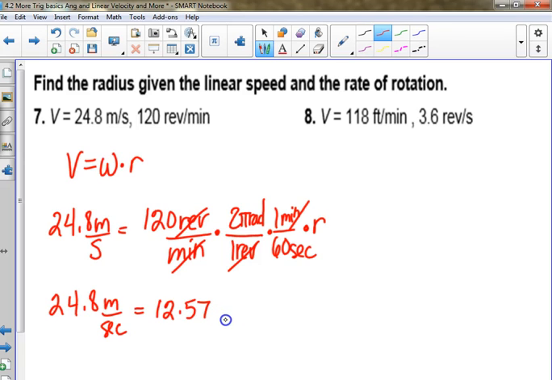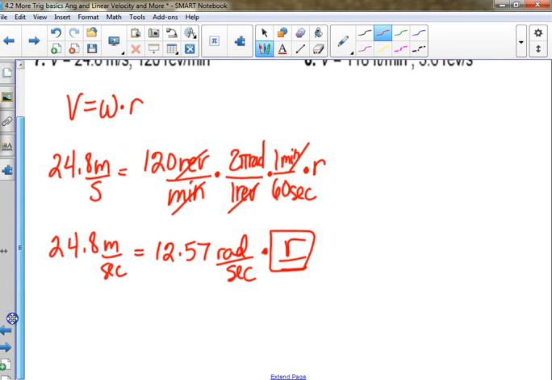And what's the label on that side? Radians per second. Now we're trying to find this radius. So we're going to need to do what? Divide. And I know that's going to get some of you kind of confused. It's not, because we're getting rid of multiplication.